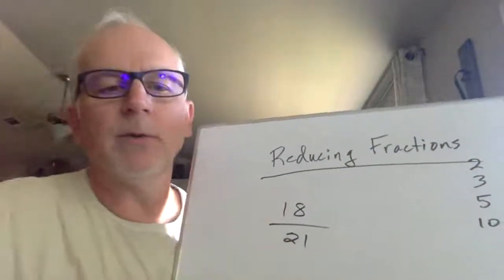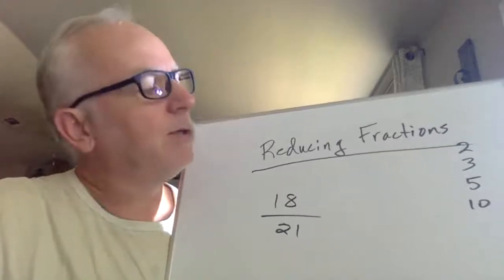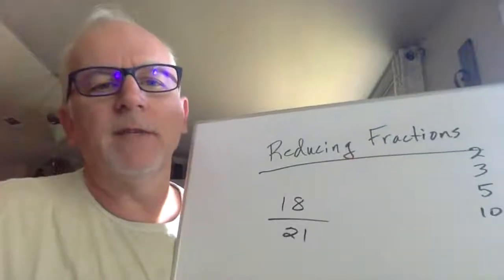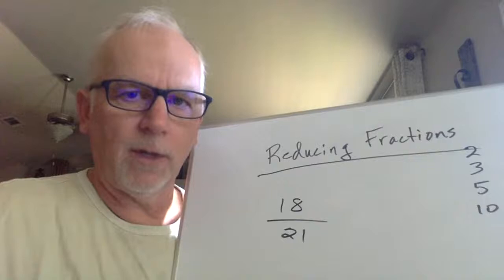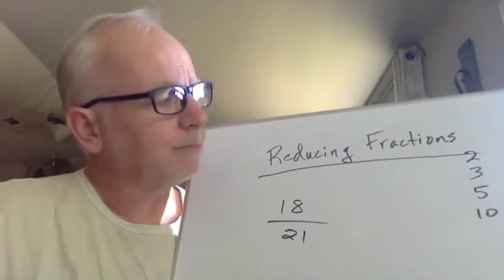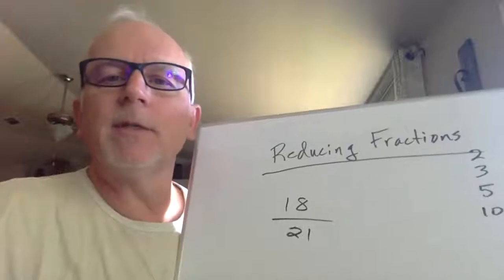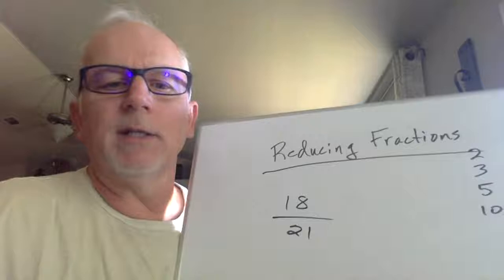So let's just go through the most famous four divisibility rules. There are 2, 3, 5, and 10. A number is divisible by 2 if it's an even number. So if a number ends in 0, 2, 4, 6, or 8, then it's divisible by 2. And 3, a number is divisible by 3 if the sum of the digits is divisible by 3.